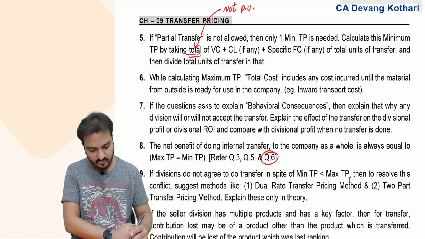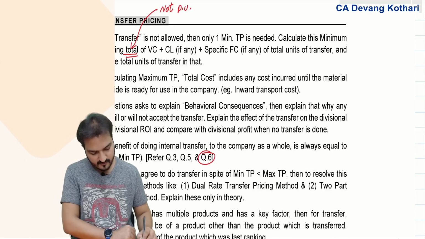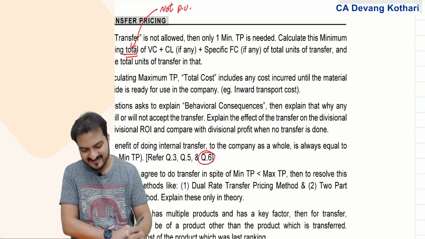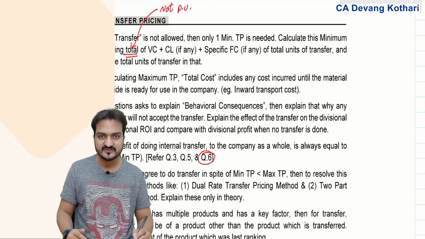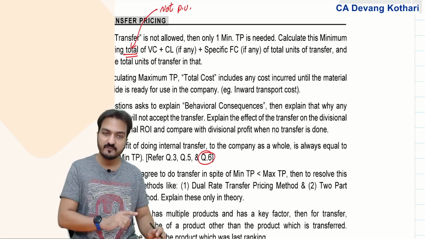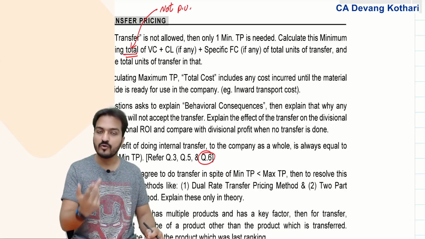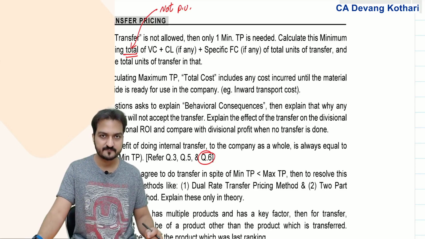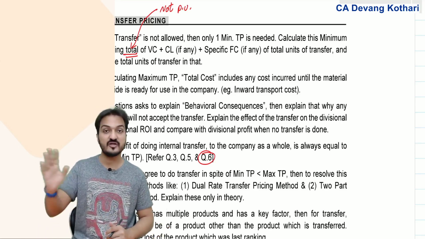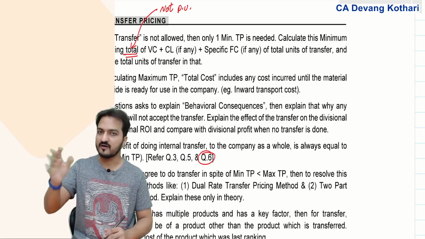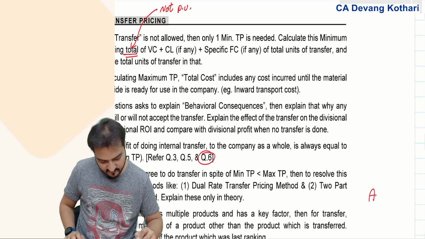Say division A is ready to charge 100 rupees transfer price. Division B is ready to pay only 70 rupees transfer price. So how will I show the workings? You tell division A to show sales at 100. Division A will credit sales of 100.